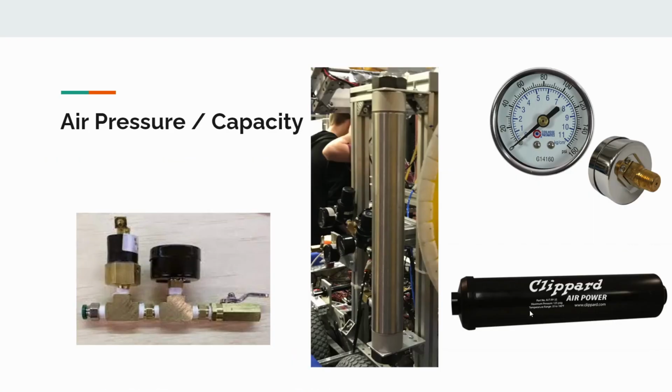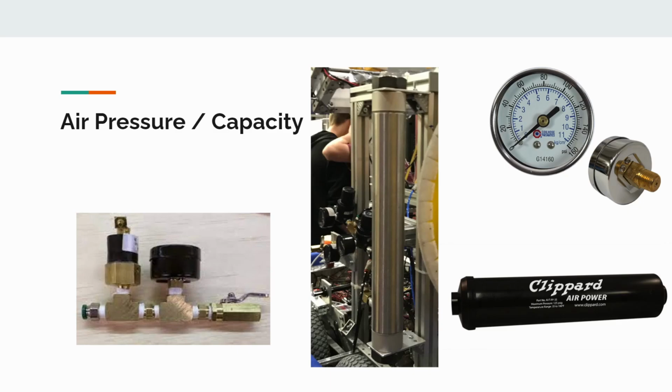So, air pressure and capacity. When you are planning out a pneumatics loop, there are a couple things you have to consider. One is air pressure. In the competition, depending on what year you are competing in, they will disclose a maximum PSI, which stands for pounds per square inch, which is basically just a measurement of the air pressure in your loop.